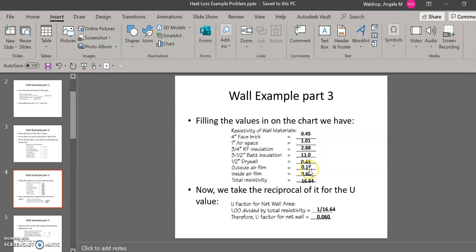I fill in the numbers according to the cross section that's on the first page, and I add up the total resistivity, and it's 16.64. So I just filled in all the numbers up to this point, and then added them together here, and that sum is 16.64. Now, in order to get the U value, we have to take the reciprocal of the R value. So I'm going to take 1 over 16.64, and I get 0.06.